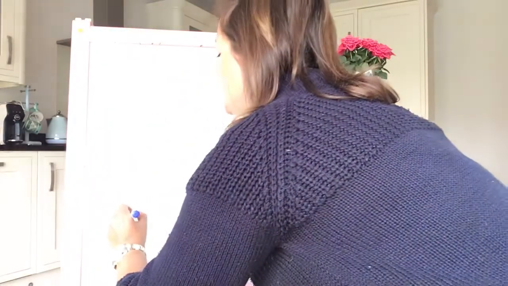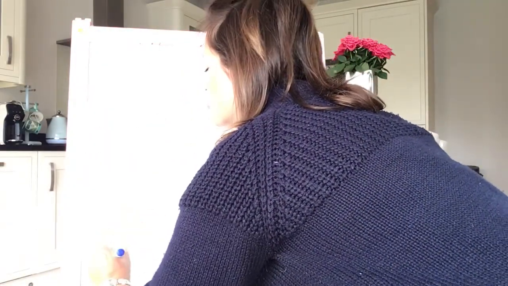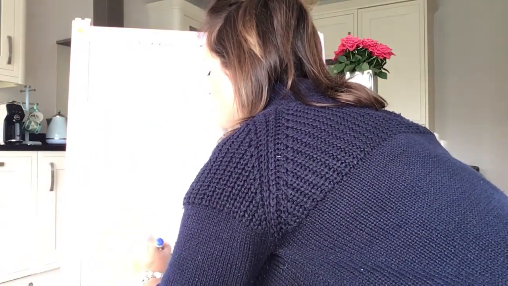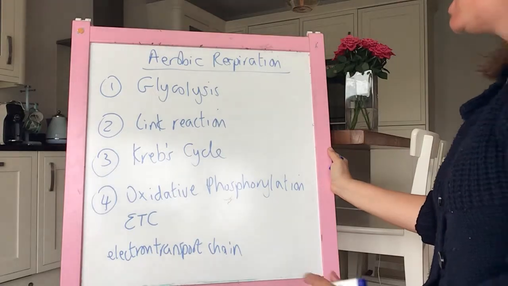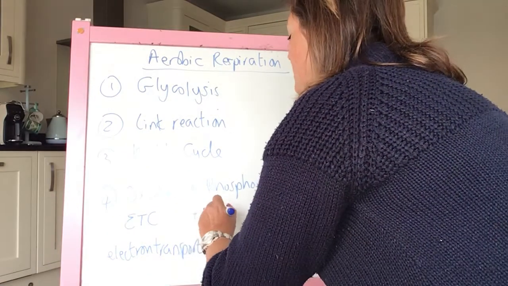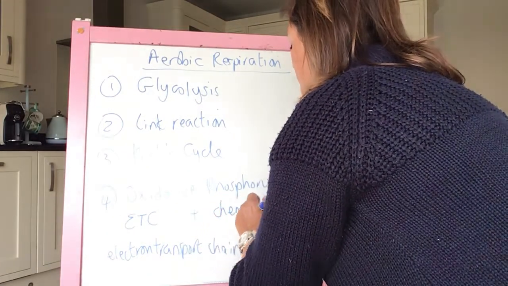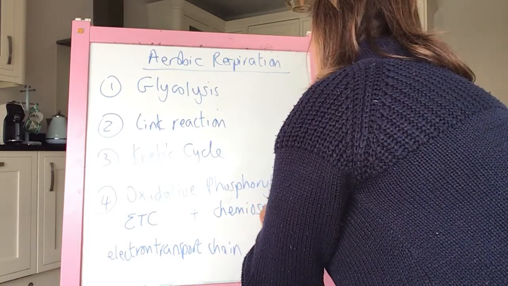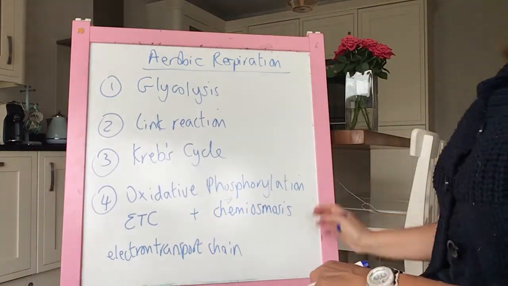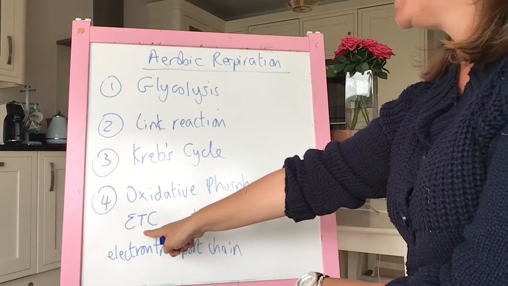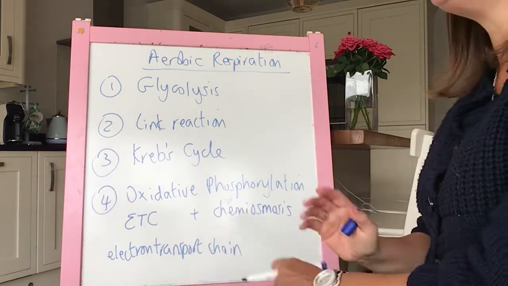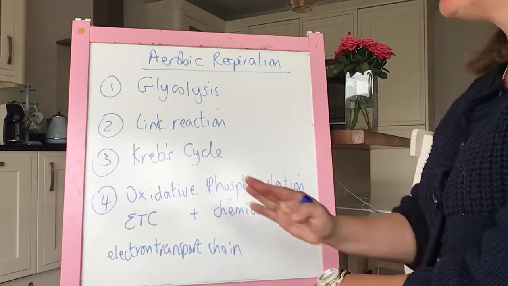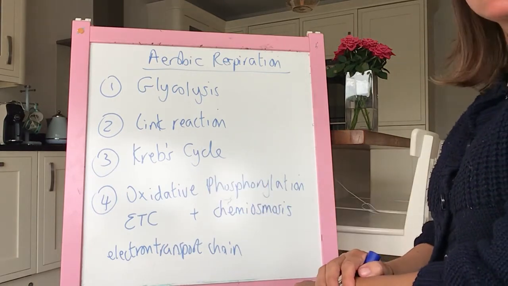The ETC, which is the electron transport chain, okay, and also chemiosmosis. So the electron transport chain, the ETC, plus chemiosmosis, when you put those 2 procedures together, make oxidative phosphorylation.